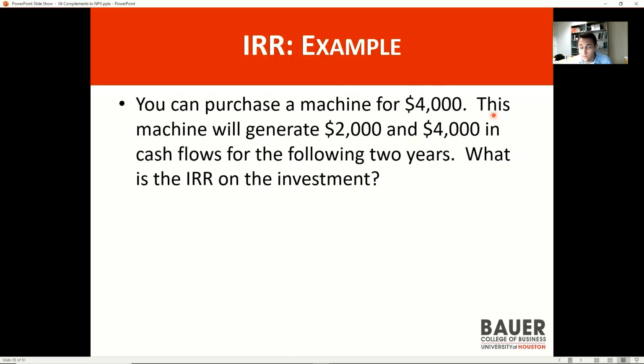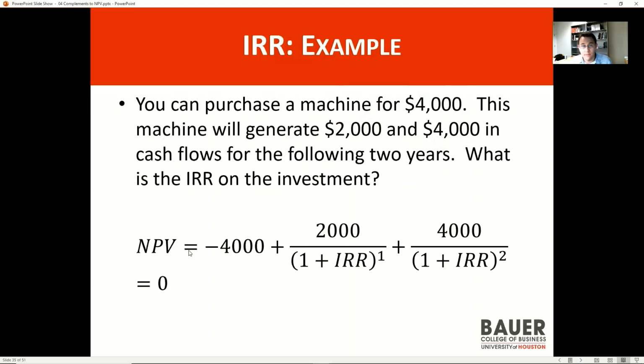Well, you've got 3 cash flows. You set the NPV to 0, and you solve for the rate. Here's the NPV of those 3 cash flows: minus 4,000 today, 2,000 in a year, 4,000 in 2 years. You've got the timing of the cash flows. You just need the discount rate such that the NPV is equal to 0. And then you solve for the IRR.